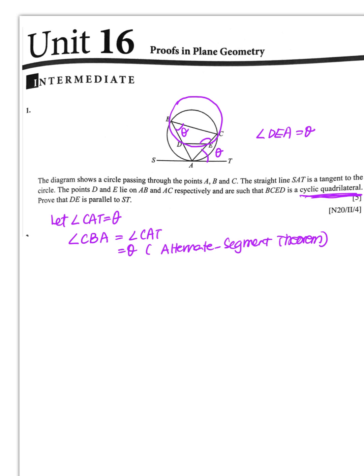Therefore angle DEC is equal to 180 degrees minus theta. Why? Angles in opposite segments, because they say that BCED is a cyclic quadrilateral.